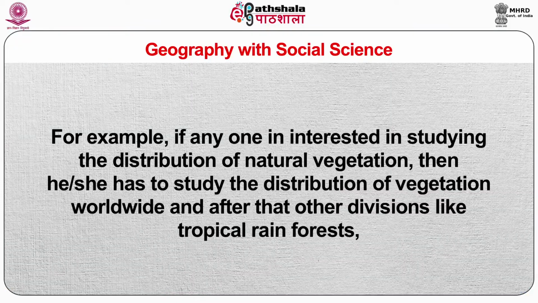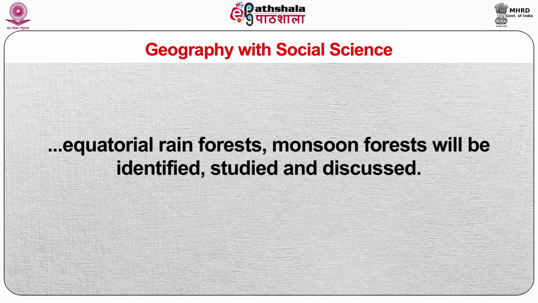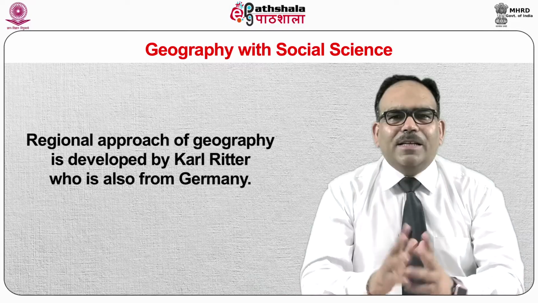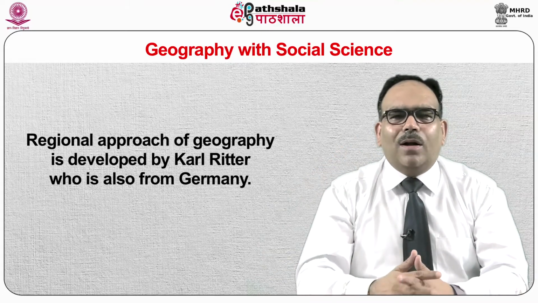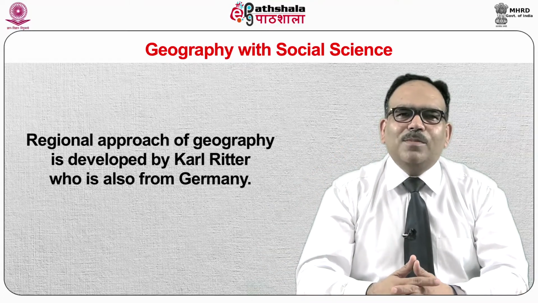For example, if anyone is interested in studying the distribution of natural vegetation, then he or she has to study the distribution of the vegetation worldwide, and after that the divisions like tropical rainforests, equatorial rainforest, monsoon forest will be identified, studied and discussed. The regional approach of geography was developed by Karl Ritter, who is also from Germany.